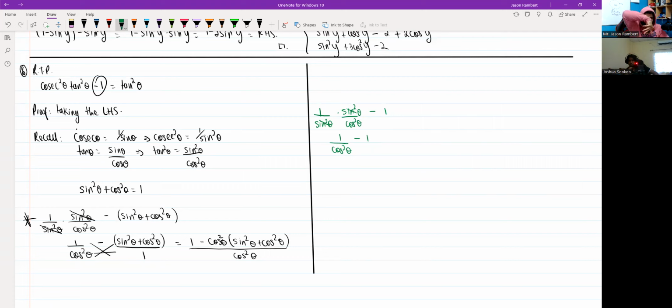It might seem easy, like, yeah, I can do that, but there will be cases where it's not that clear cut. So this is the same thing as 1 over cos squared theta minus 1. The denominators are the same, so minus my numerators.